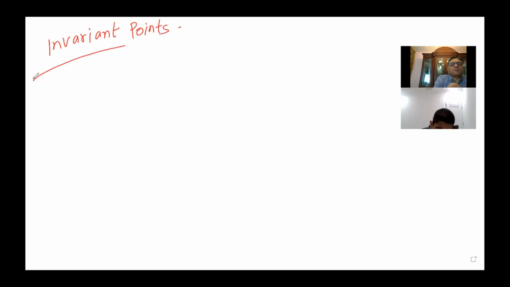Now, I will have another topic which is related to inverse. We found invariant points, correct? Now the idea is, can the inverse of the function be the same as the function?